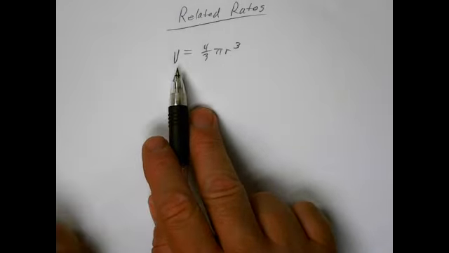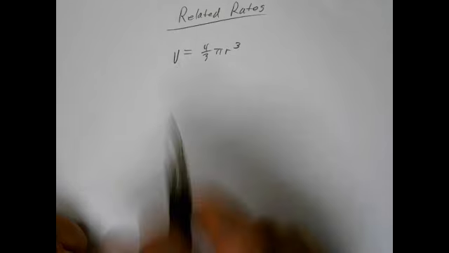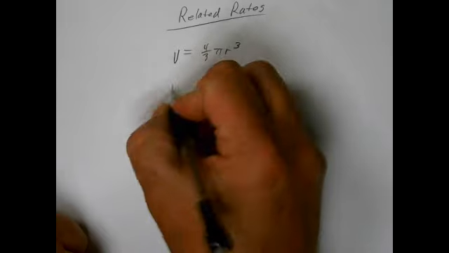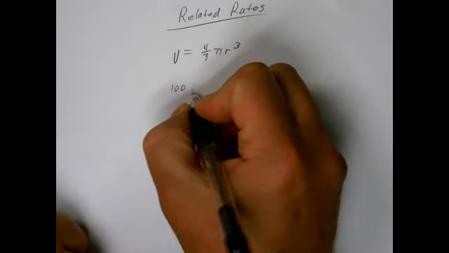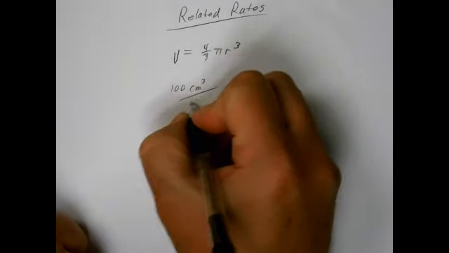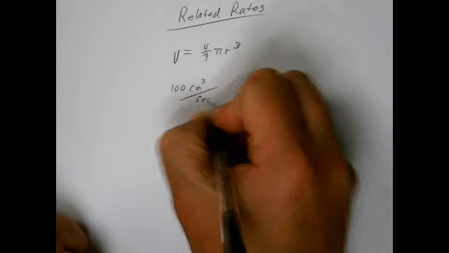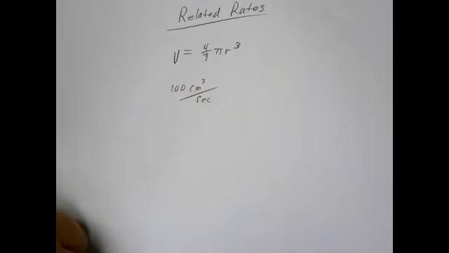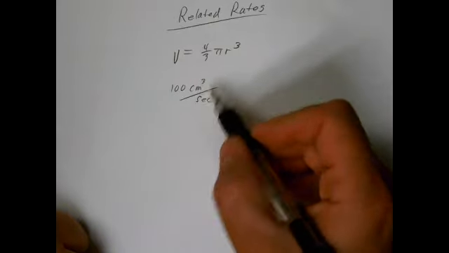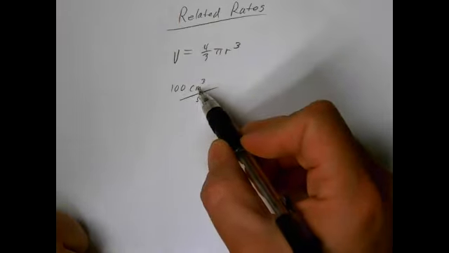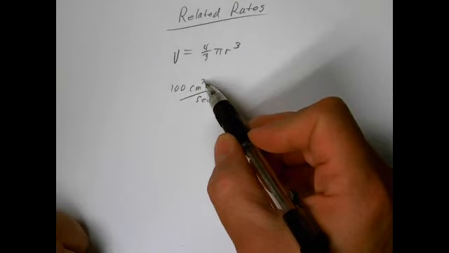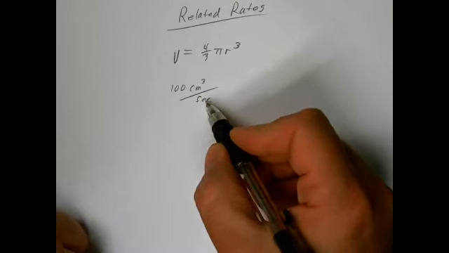So what if we knew that air is being pumped into the balloon at a rate of 100 cubic centimeters per second? If you know that air is being pumped into the balloon at that rate, then what you know is that volume is changing, because cubic centimeters is a measurement of volume, and it's changing per second.